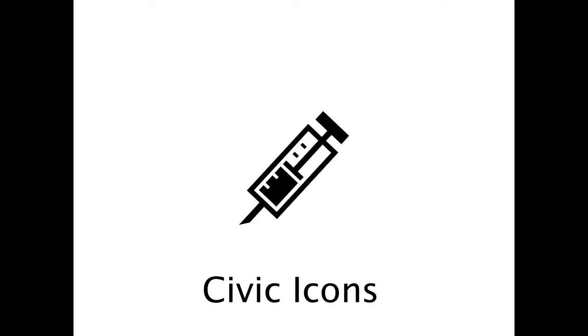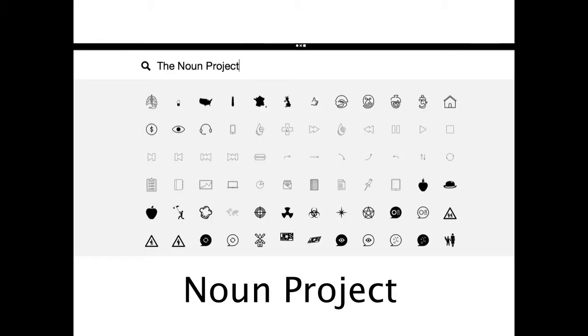So one really great repository for icons for designers is the Noun Project. Has anyone used the Noun Project before? Okay, cool. The Noun Project is a great resource for icons, basically.